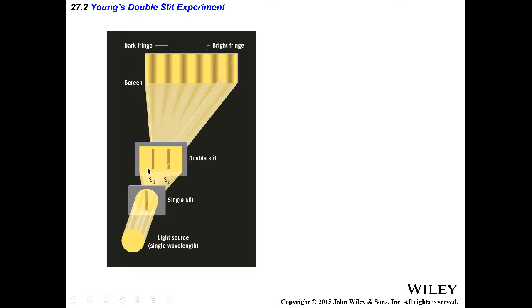Now, if you have a double slit, you would have imagined that the image over here should be just simply two bright slits, because the light should have gone through and it would be bright here, and the light gone through should have been bright here.